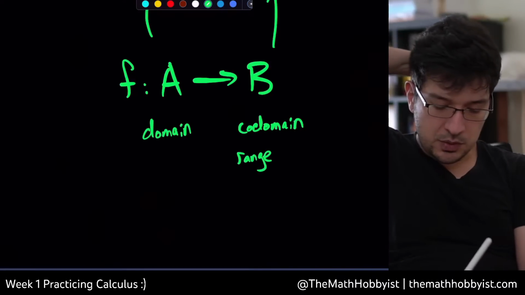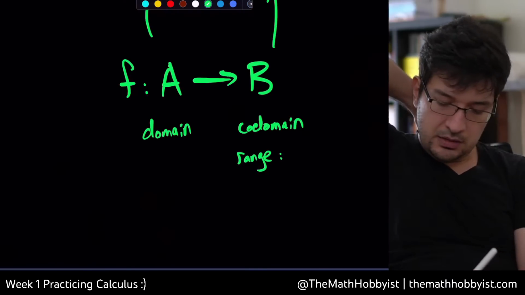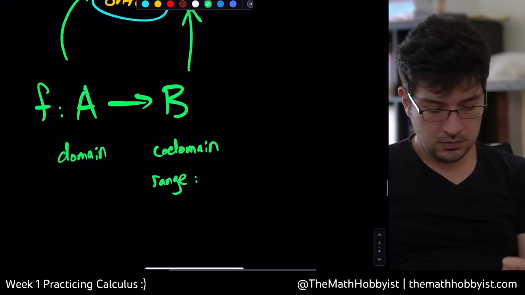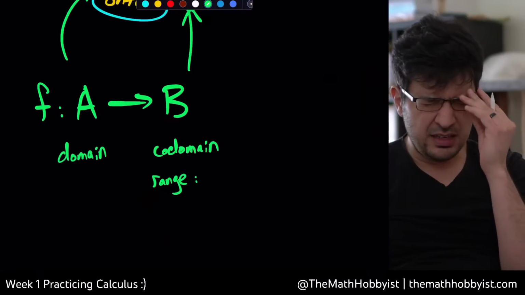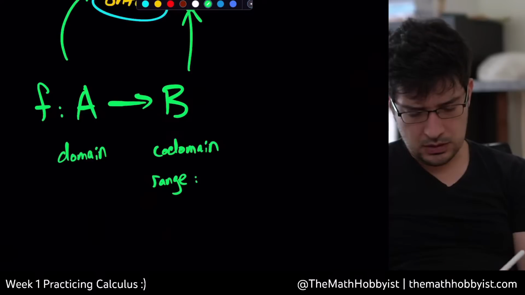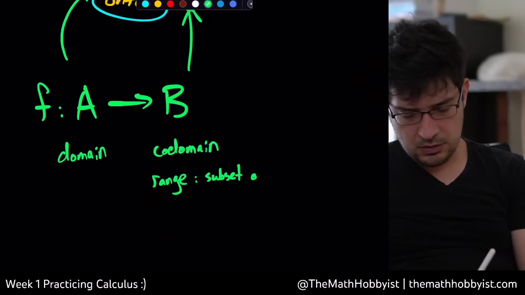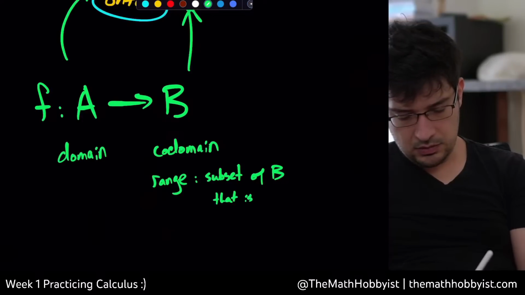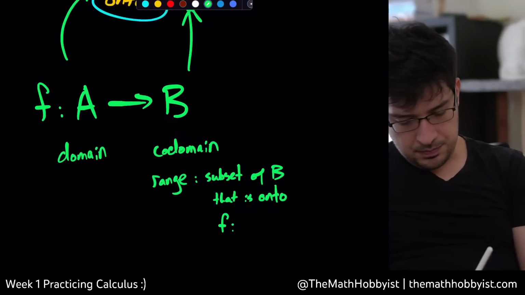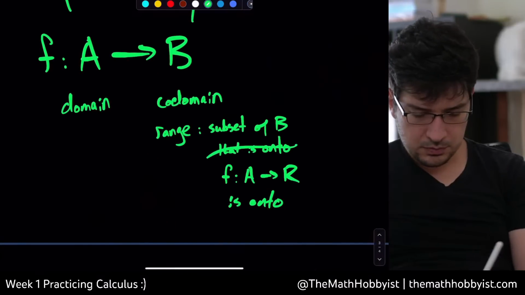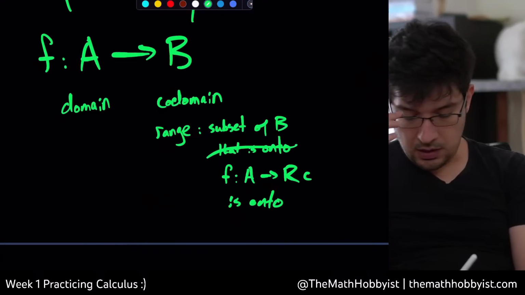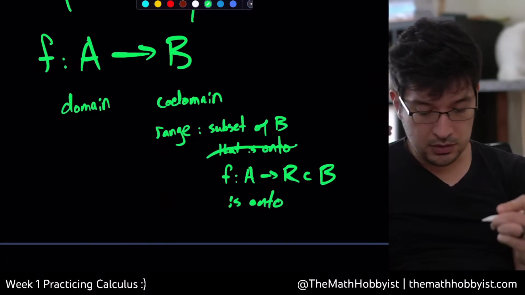It's closely related to the range, which is all values in the codomain that are mapped to the subset of B that is onto, where f of A to R is onto, where R is part of the bigger world B.